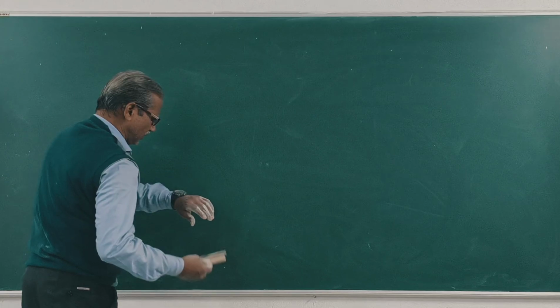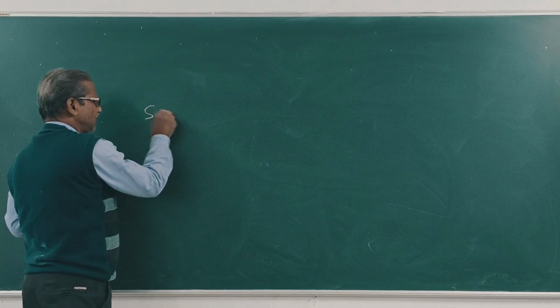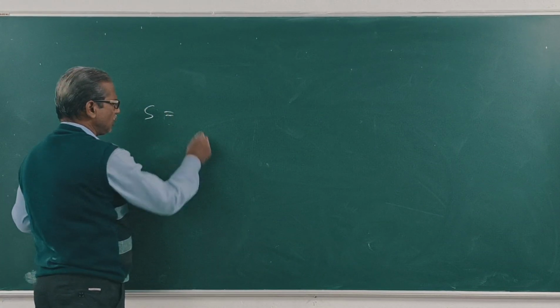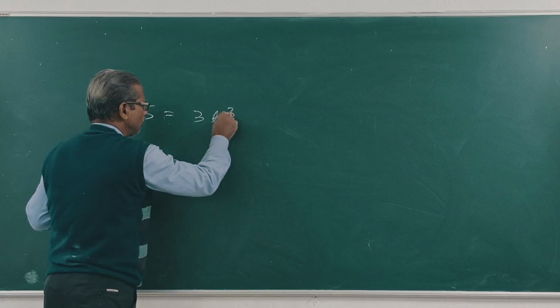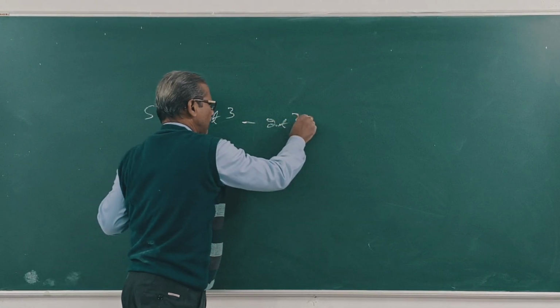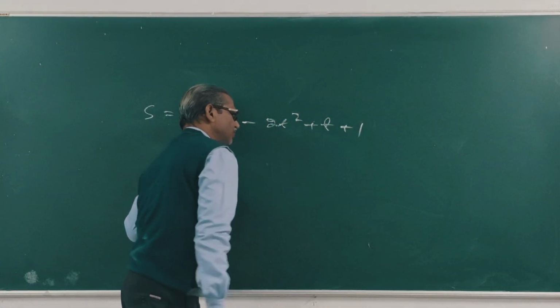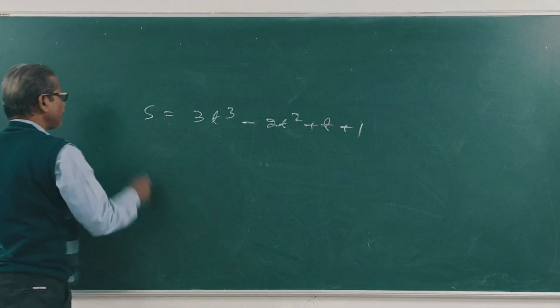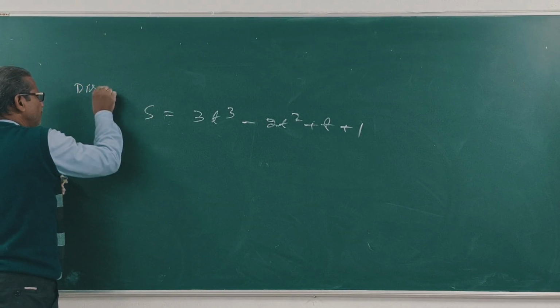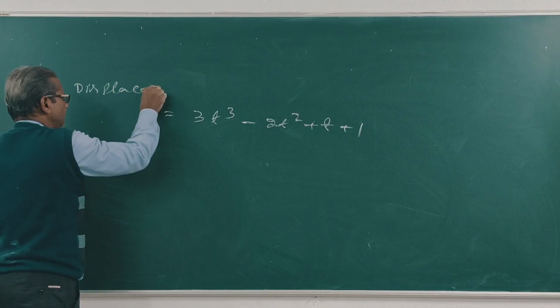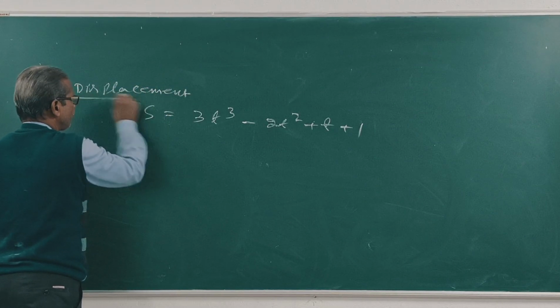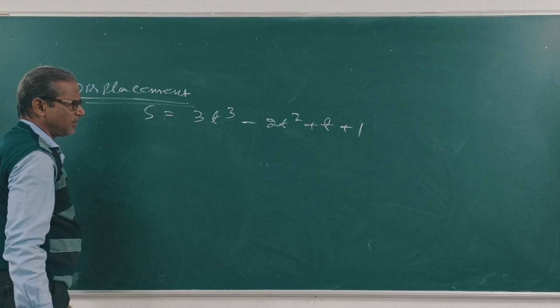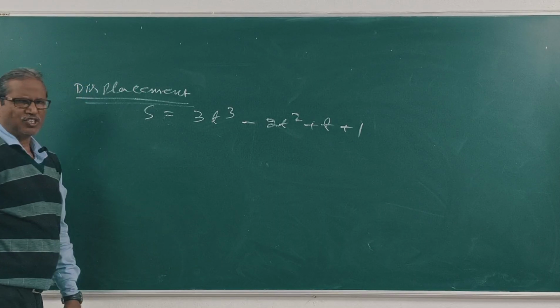Suppose the given equation is s is equal to 3t cube minus 2t square plus t plus 1. This is the equation for displacement. Right? He is asking to find velocity.